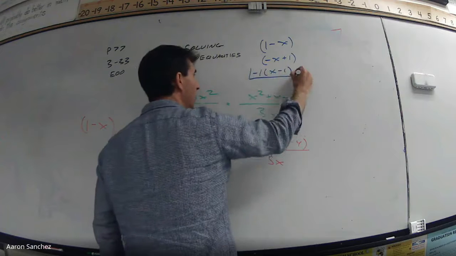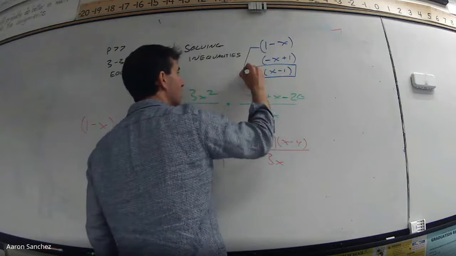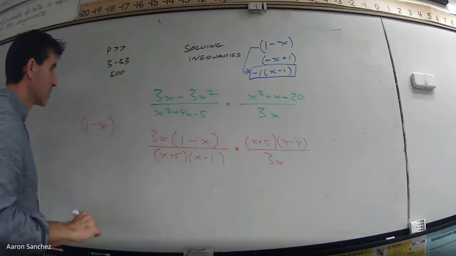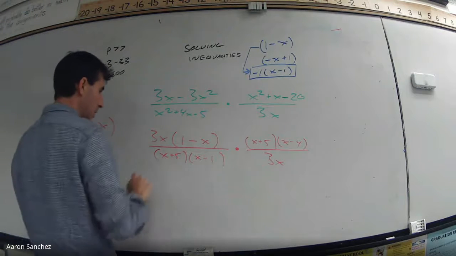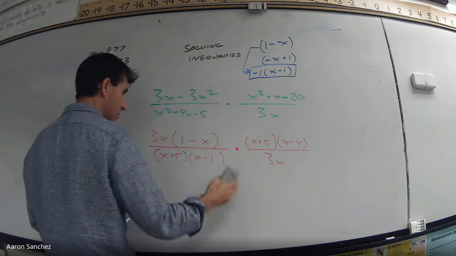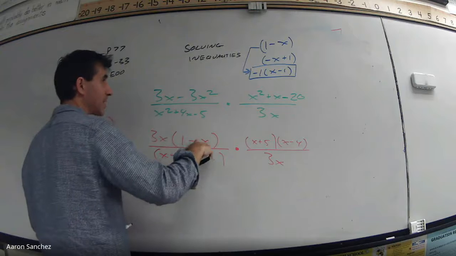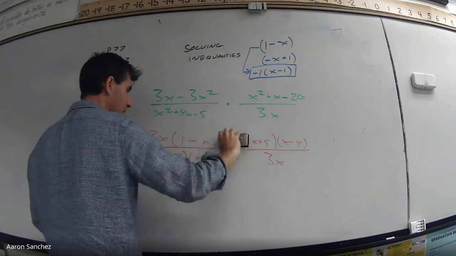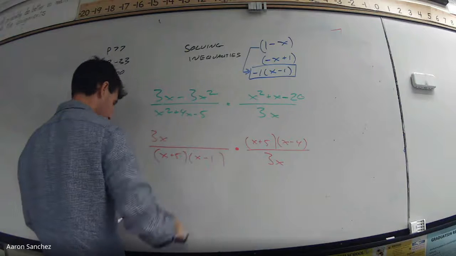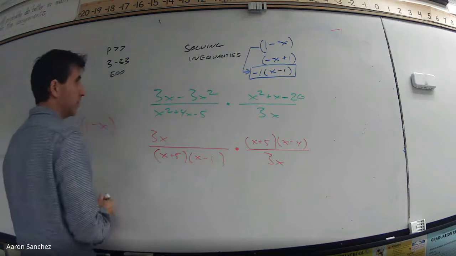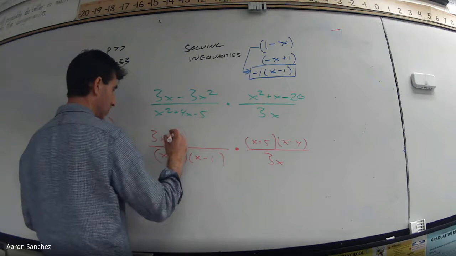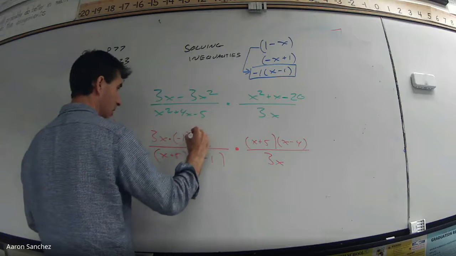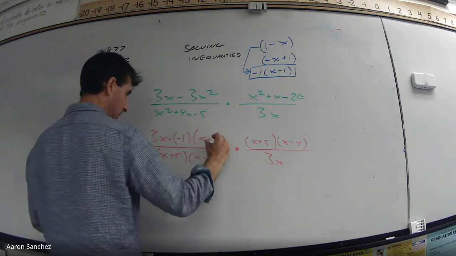So 1 minus x becomes that, based on everything I showed you here. So this is times -1 times x minus 1.